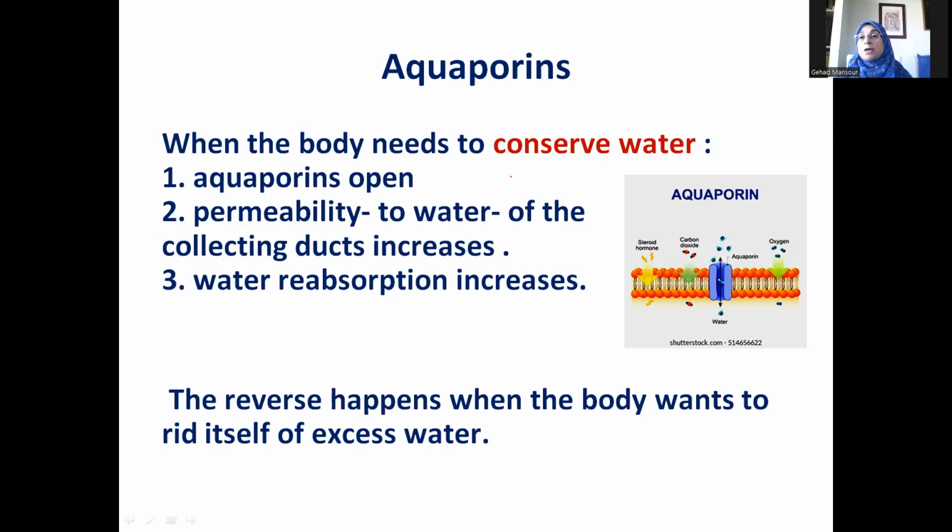Aquaporins are present in many cell membranes in the human body, but they are especially abundant in the collecting ducts. And they are there in order to conserve water.